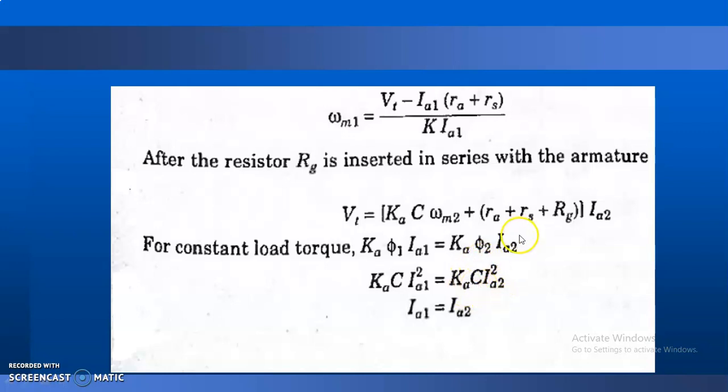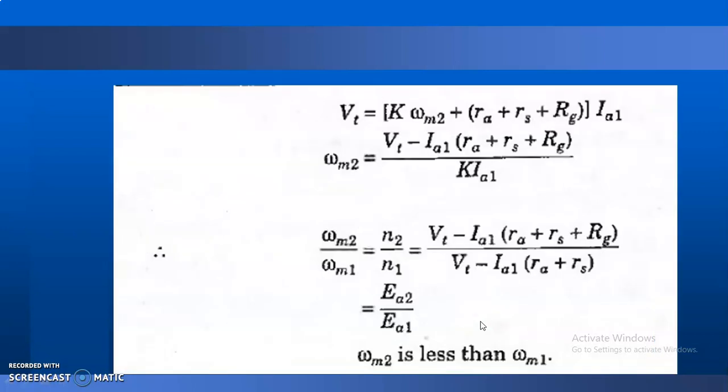Phi1 is linearly proportional to Ia1, and phi2 is linearly proportional to Ia2, that means KC Ia1 squared equals KC Ia2 squared. So Ia1 equals Ia2 for constant load torque. These two currents are the same. Now again omega m2 should be (Vt - Ia1 (Ra + Rg)) divided by K phi, with Ia1 equal to Ia2 here, just inserting Rg.